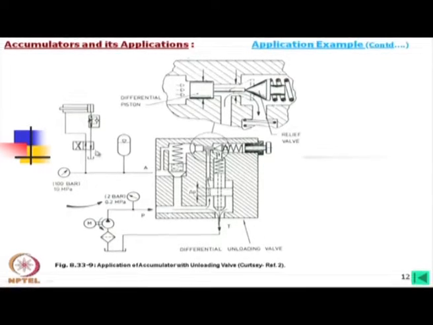Now, suppose here we have a requirement with a pressure. In that case, what will happen, this will move, this is having a setting pressure, of course, by adjusting this one.